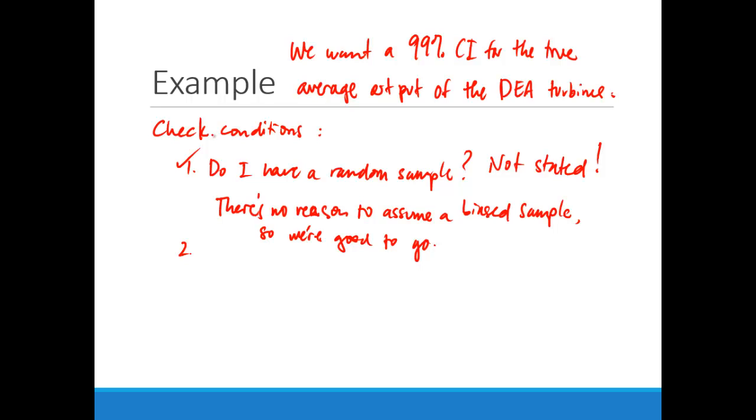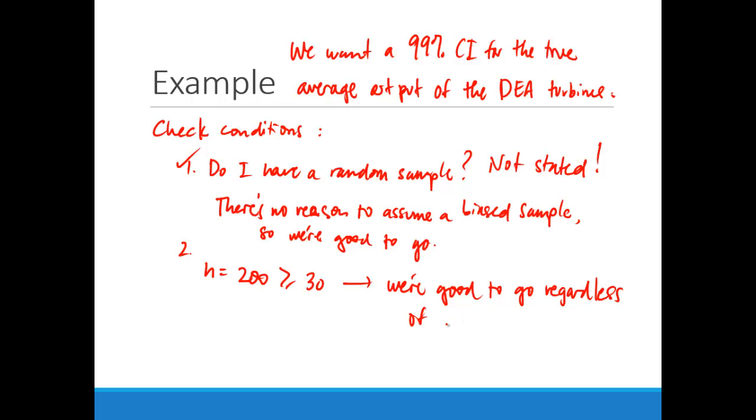Next, we want to make sure that we either think about the population or think about the size of our data set. So here, n equals 200, which most days anyway is bigger than 30, and so we're good to go, regardless of what the data looks like, regardless of the population distribution.